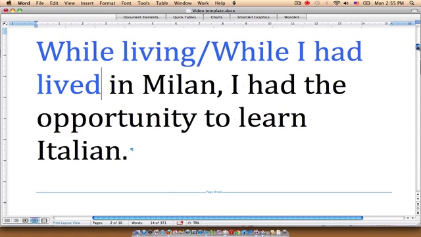So in this example we have, while living in Milan, I had the opportunity to learn Italian. Or, while I had lived in Milan, I had the opportunity to learn Italian. And of course the correct answer would be while living in Milan.